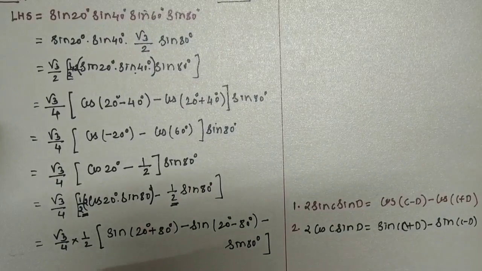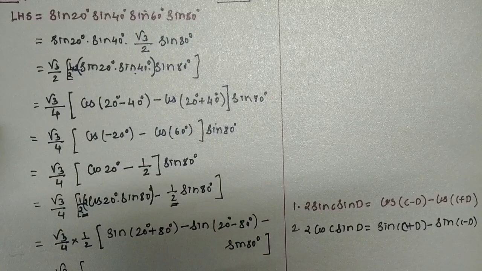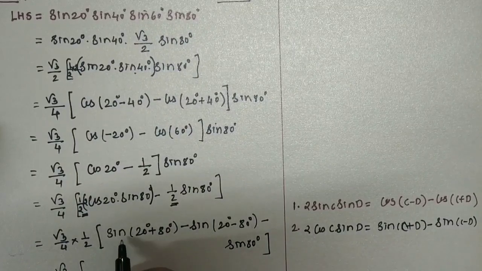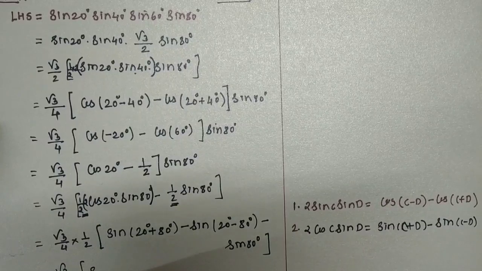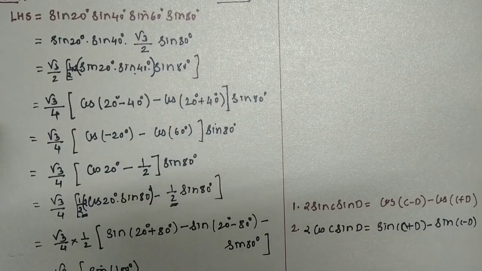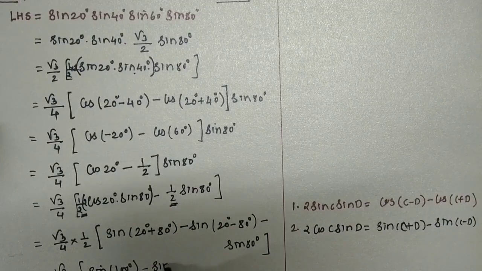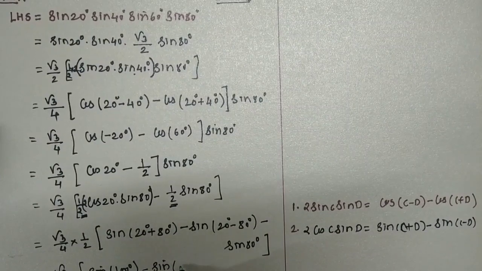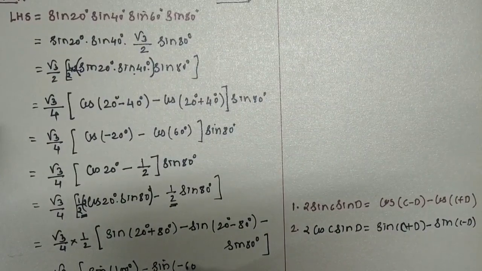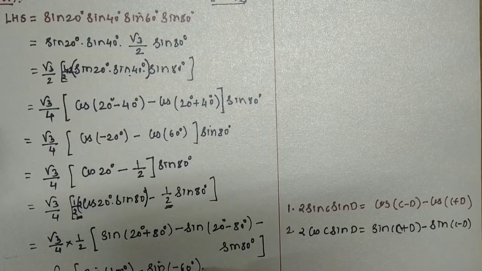Now I can write this as root 3 by 8. What is sin(20 plus 80)? This is nothing but sin 100. So minus, sin(20 minus 80), which is minus 60, minus sin 80 degree.